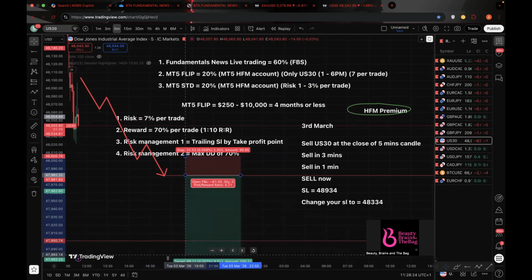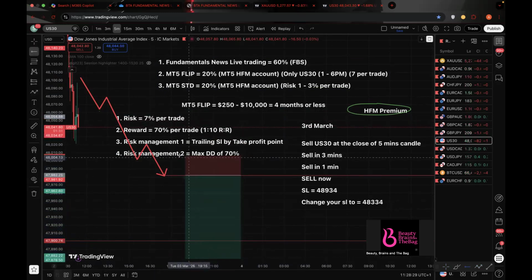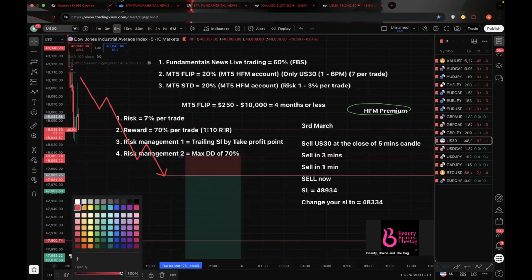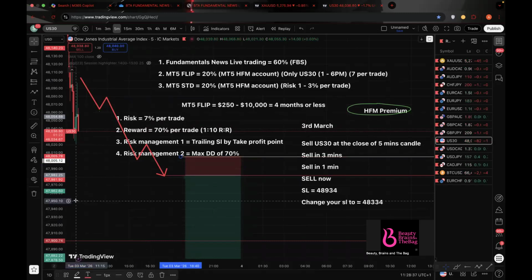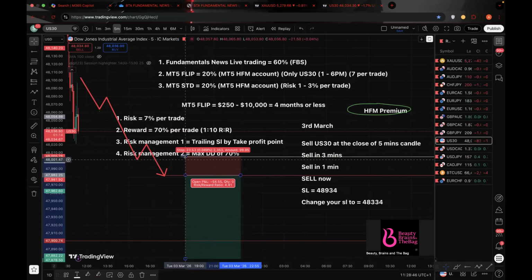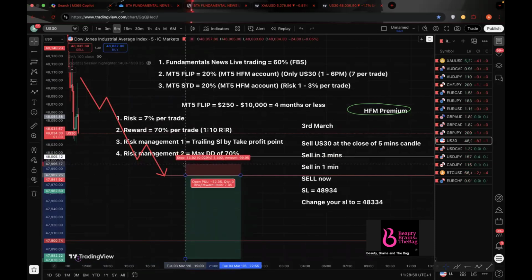Initially, I use this as my SL. I want to explain the concept of what we call trailing stop loss by take profit zones. Let me reduce it so the RR is a bit higher.